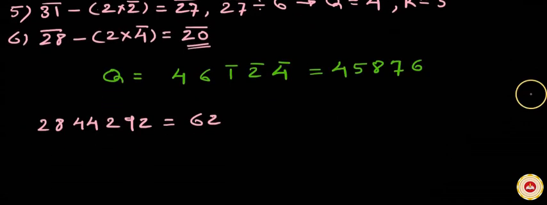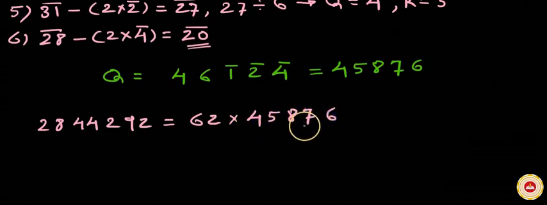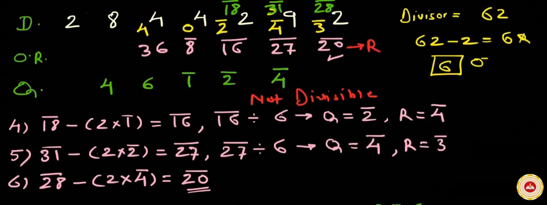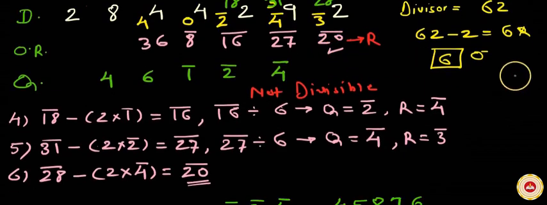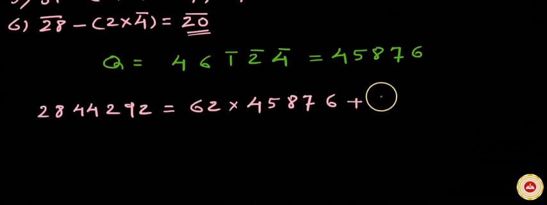Yes, divisor is 62 multiplied by quotient 45,876 plus remainder negative 20. Now friends, you can calculate this and you will find that both sides are equal. Okay, both sides are equal and we are correct.